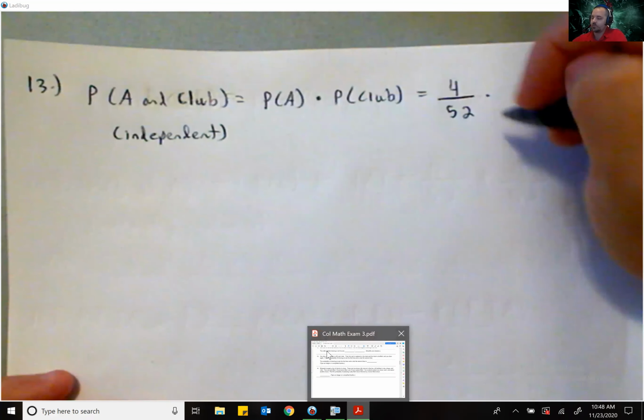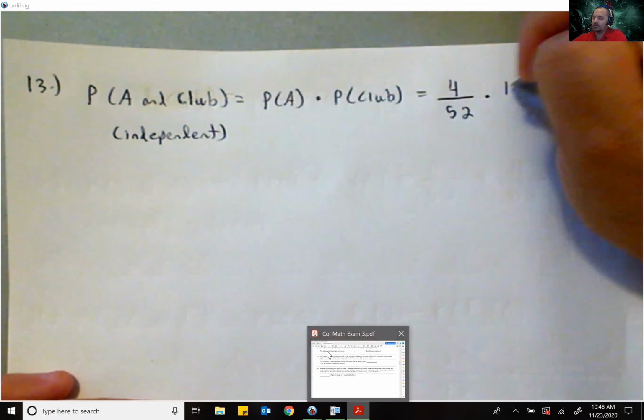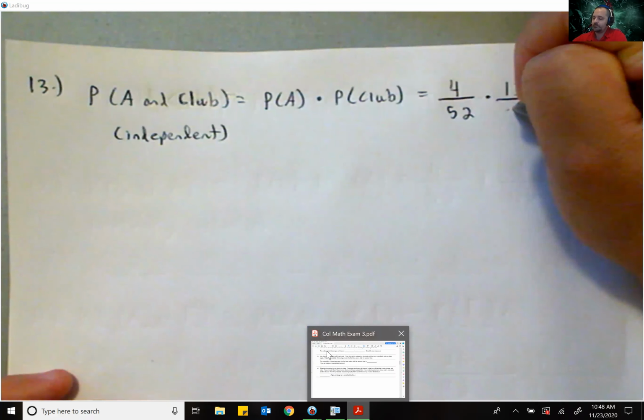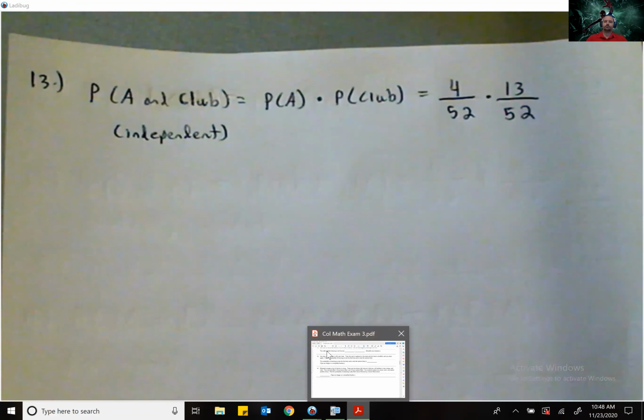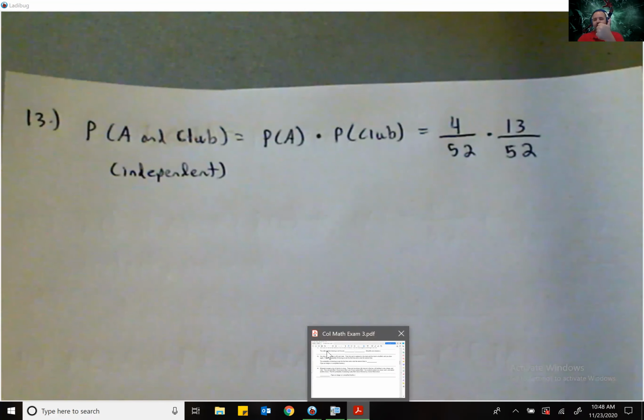A total of 13 clubs out of 52, because you have an ace of clubs, then 2, 3, 4, 5, 6, 7, 8, 9, 10, which is 10 cards, and then the jack, queen, and king of clubs. So that's 13 cards total.